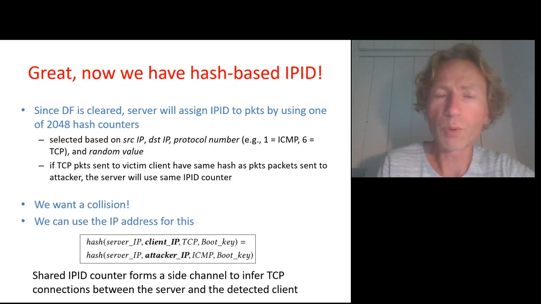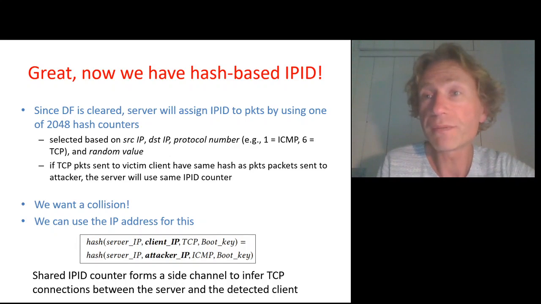And there's a lot of stuff that we don't have, right? So we know the destination IP, we know the source IP of the victim, we know the protocol number, we don't know the random value, of course, but that's going to be the same in both cases because that's a boot key that is used at the server side.